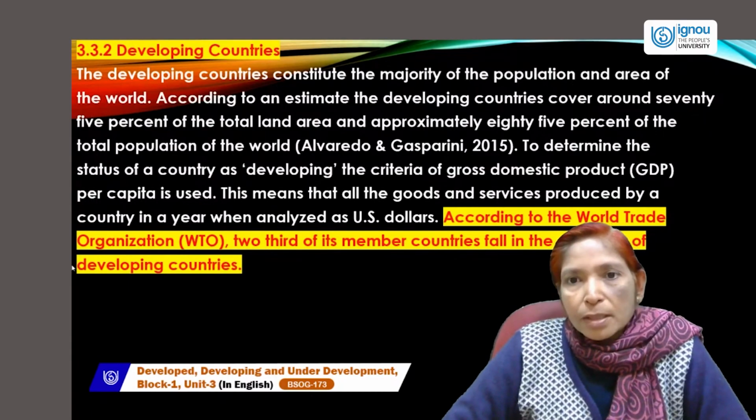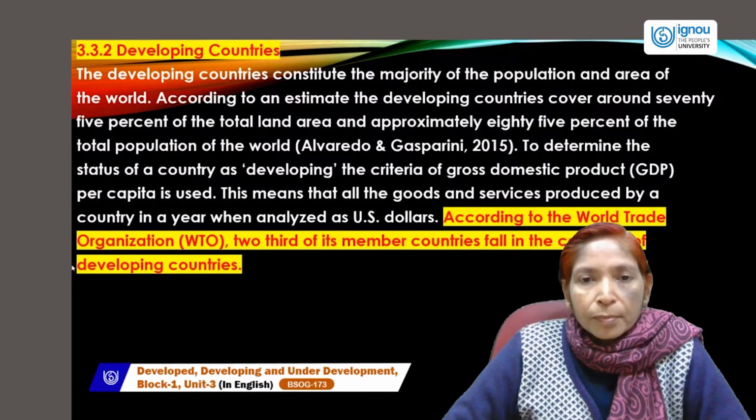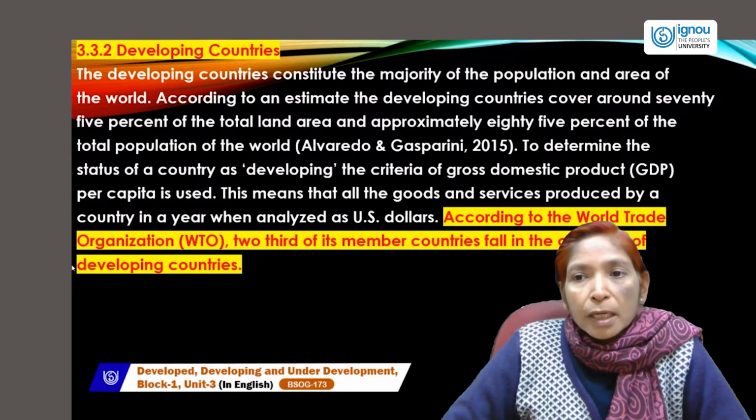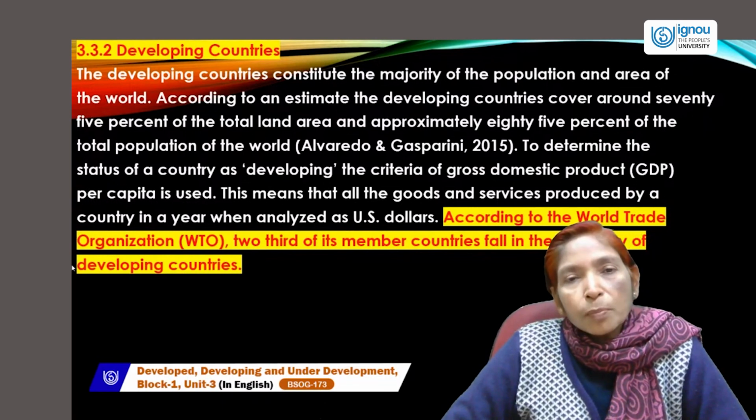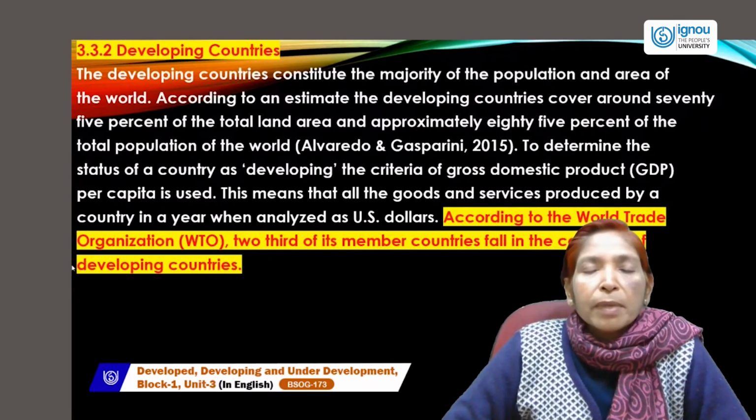According to an estimate, the developing countries cover around 75% of the total land area, and approximately 85% of the total population of the world lives in developing countries.